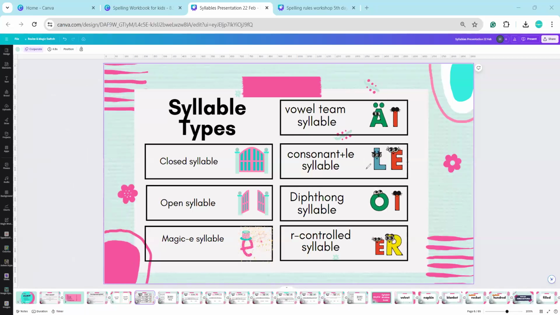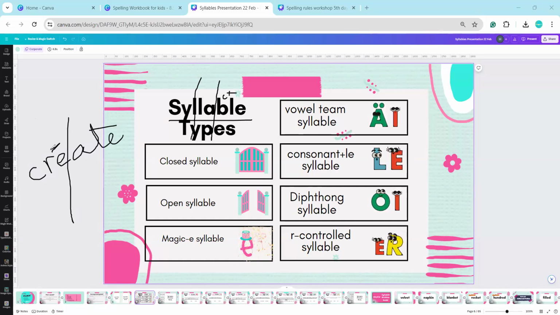Let's take an example of consonant plus LE syllable. For example, the word is syllable itself. It's written here. Consonant plus LE, consonant plus LE syllable. Right? Magic e syllable. Let's take the example of create.